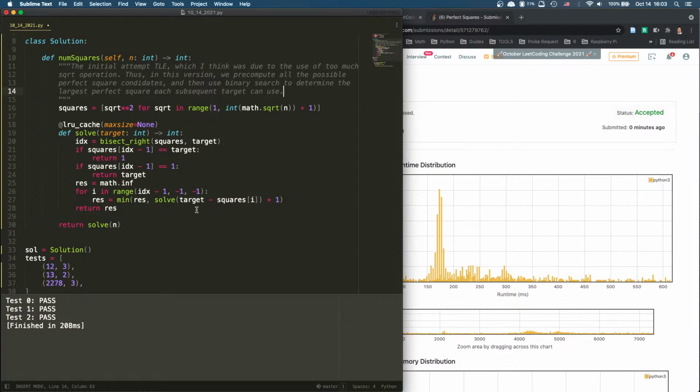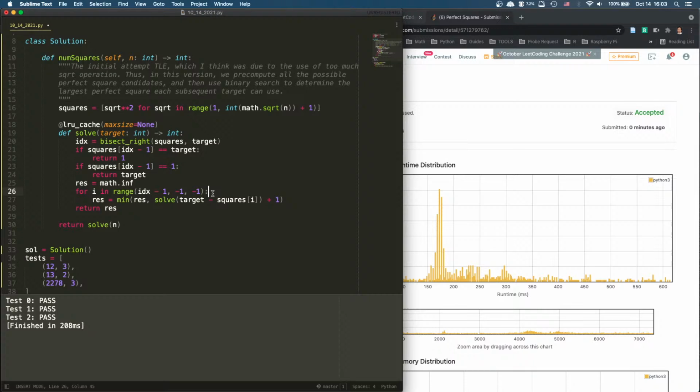So if we hit a value, if multiplied by res is smaller than the target, we don't have to do it anymore. Optimization here.